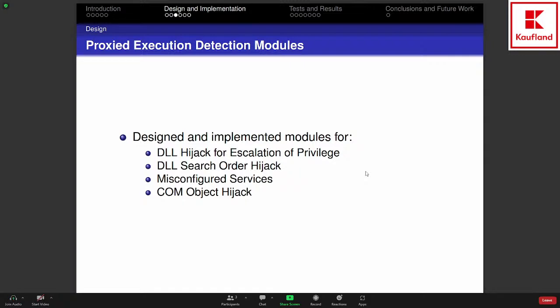And we have COM object hijack. I'm not going to talk about that, it takes a lot of time. So COM objects are another very impactful framework in Windows. The effect is almost the same. You have a process which wants to use a DLL and is tricked into using a malicious DLL instead.